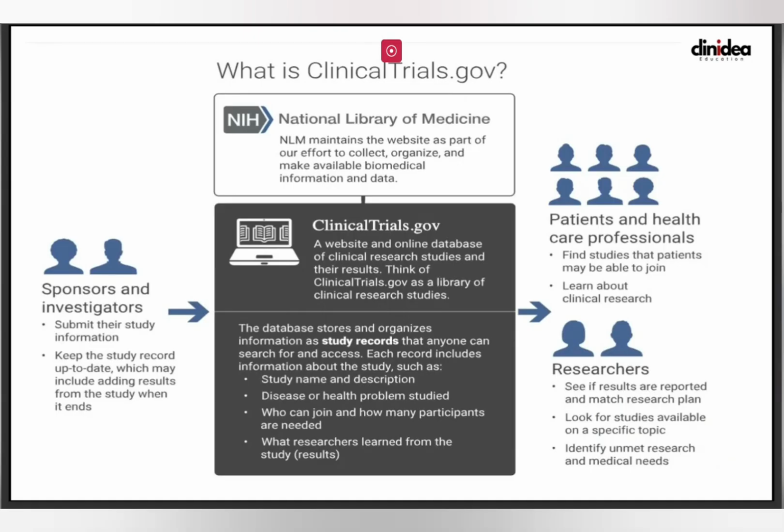So this is a flow chart. First is the NIH, the National Institutes of Health, which is the top government body in the United States for medical and health research, and ClinicalTrials.gov functions under NIH, which gives it higher credibility and global trust.